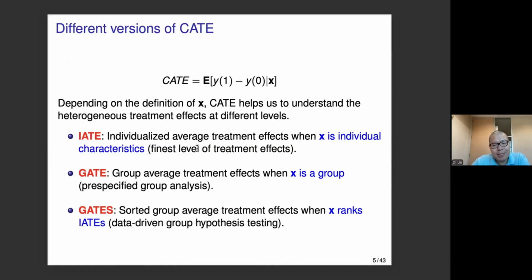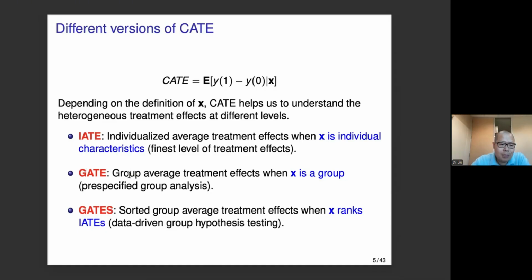This is the finest level of treatment effect estimation. Now if X refers to a pre-specified group, an indicator with different levels, we can learn the group average treatment effects, or GATE.